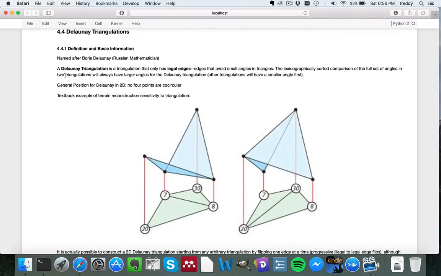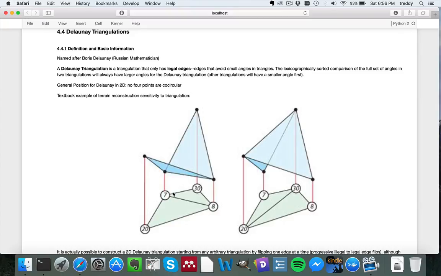So we effectively define the Delaunay triangulation, crudely, as the fattest possible triangulation. It's a crude, but actually accurate description. It only has legal edges, which means that the edges used in the triangulation select the triangles with the largest possible angles.